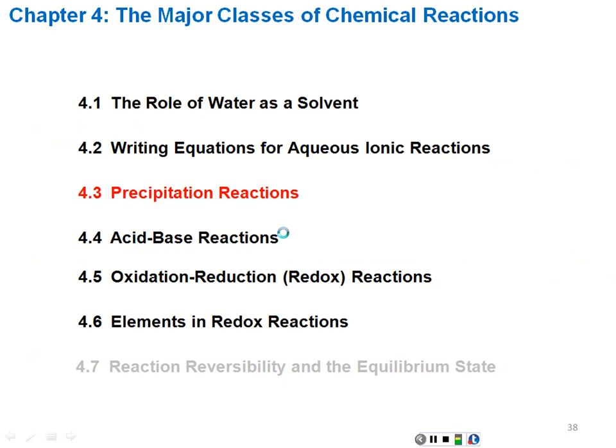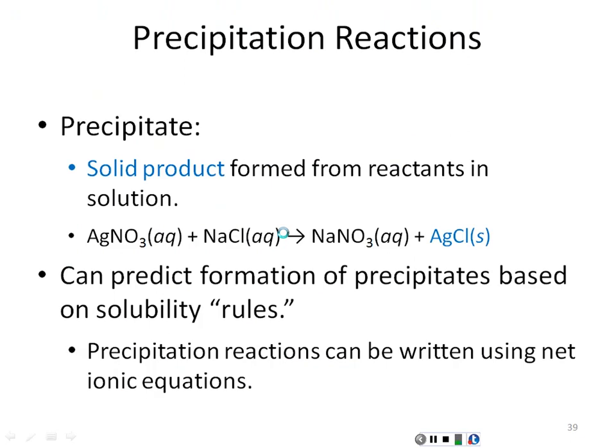Moving on to section 4.3, precipitation reactions. And we just saw an example of a precipitation reaction. So what is a precipitate? It's a solid product that is formed from reactants in solution. Another example would be if you had silver nitrate and sodium chloride, both aqueous, dissolved in water.